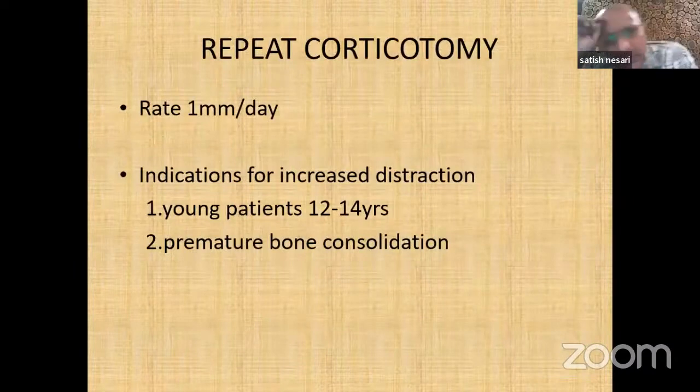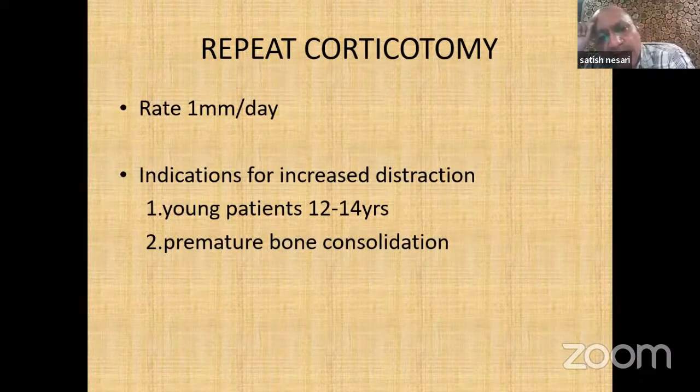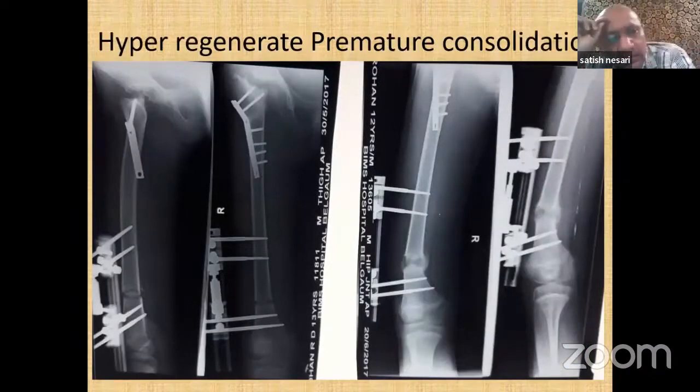Sometimes premature consolidation is very common in young patients, and so a rate of distraction of 1 mm per day will not help. So this patient presented to me for lengthening and varicization; a pelvic supporting osteotomy had been done elsewhere with a plate.